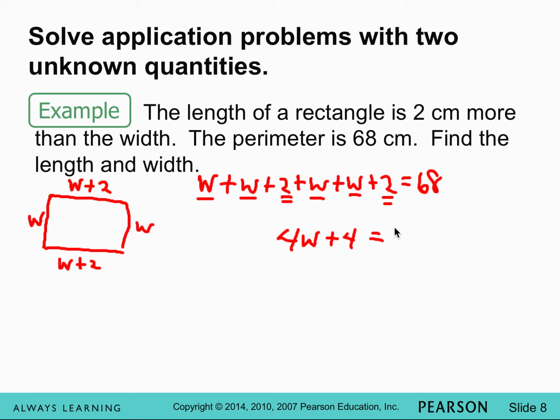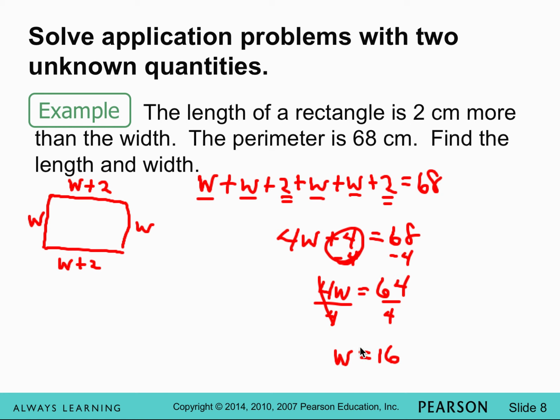Plus 4 equals 68. Undo what's being added or subtracted to your variable first, so that numeral is gone. 4W plus 0 is 4W. 68 minus 4 is 64. Undo what's being multiplied or divided by your variable. So W is 16.